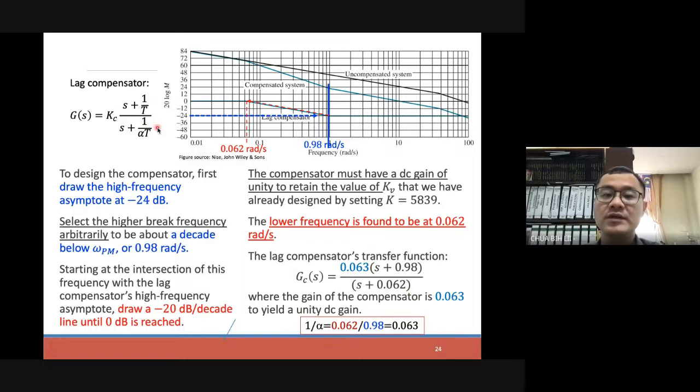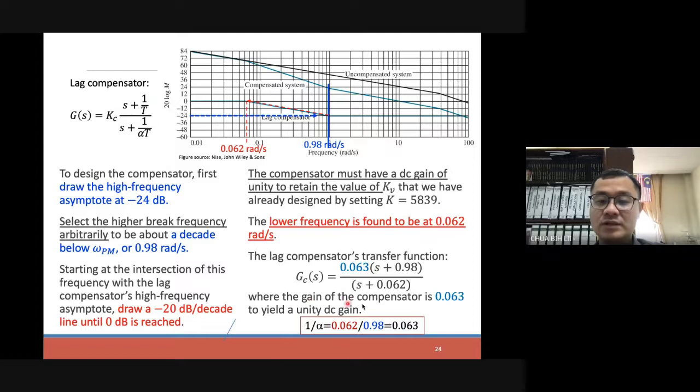So if you get this one, 1 over alpha T is 0.062, you can rearrange and you would get all the other values, including this one.